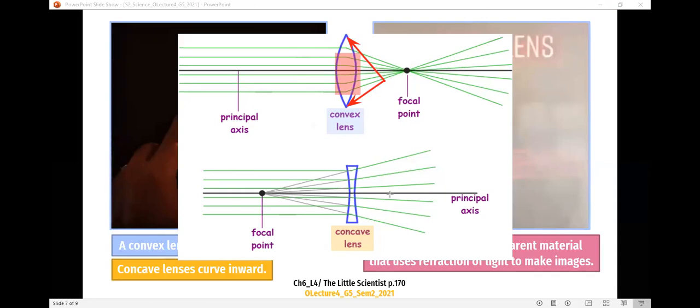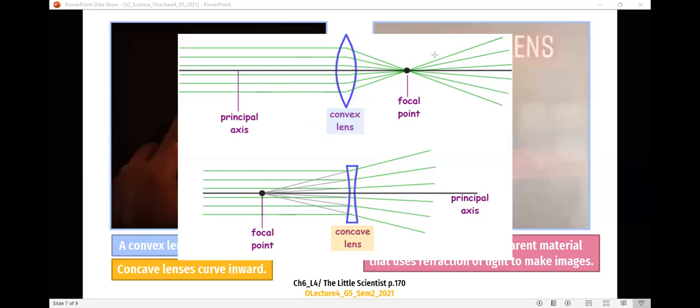Thank you. The convex lenses have thin edges, but they are fat in the middle. The concave lenses are fat on the edges, but thin in the middle, and they work in opposite ways.